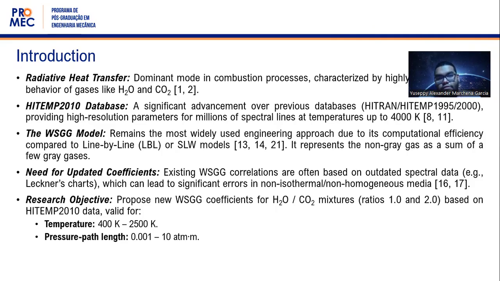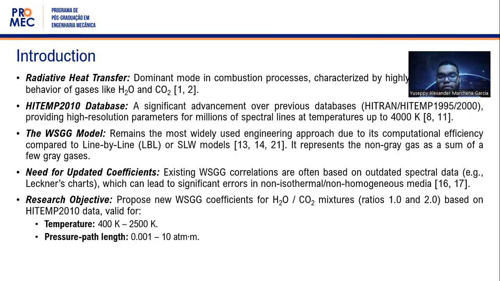As introduction, we can talk about radiation. Radiation in participating gases is crucial in combustion processes, but its modeling is too complex due to strong variations in temperature, composition, and the highly irregular behavior of spectral properties.